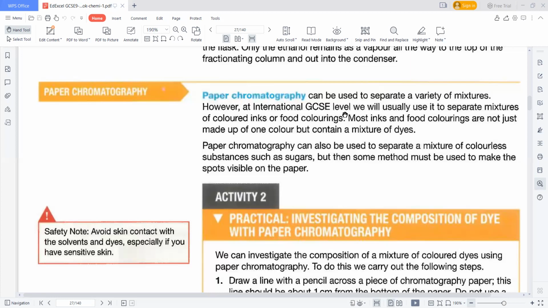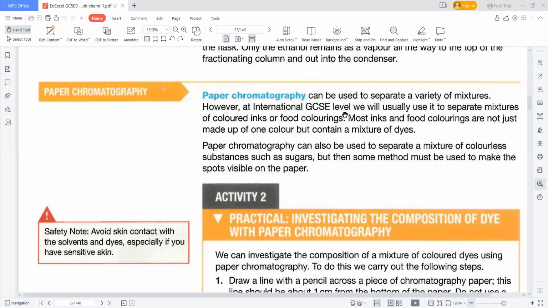Let's say I especially want to focus on whether red ink is present in the solution or not. So I will place a standard mark so that the mixture could reach that red point.